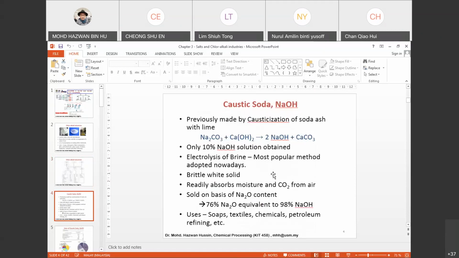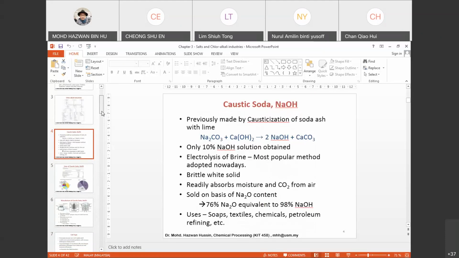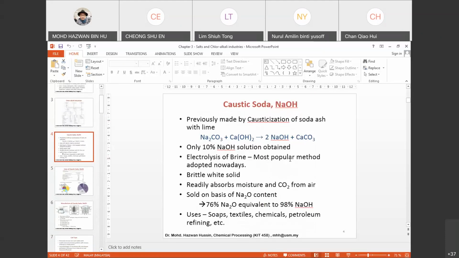Okay, so I believe probably you have used sodium hydroxide or caustic soda in your final year projects and other types of chemical synthesis. Caustic soda was previously made by causticization of soda ash with lime.